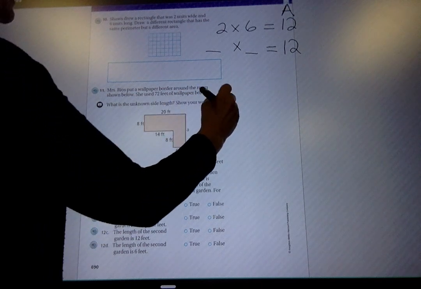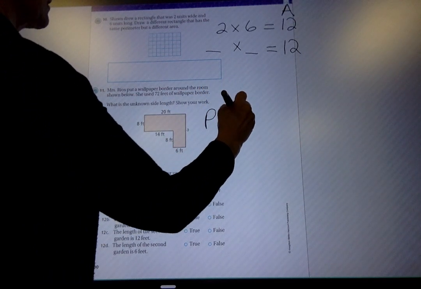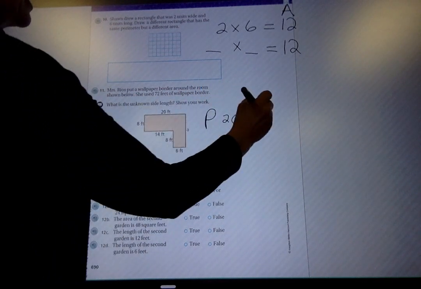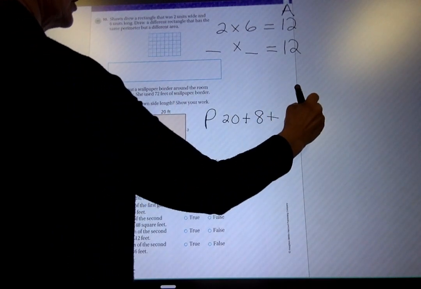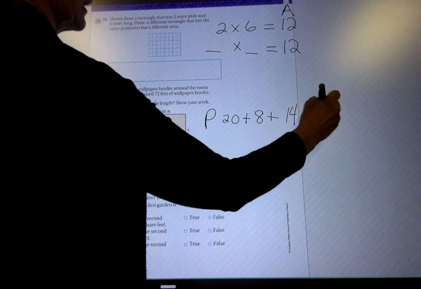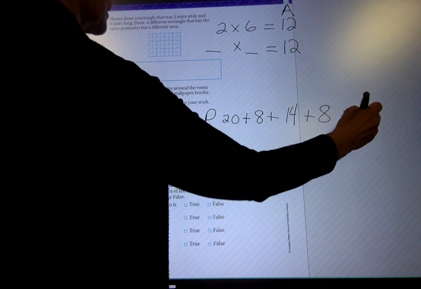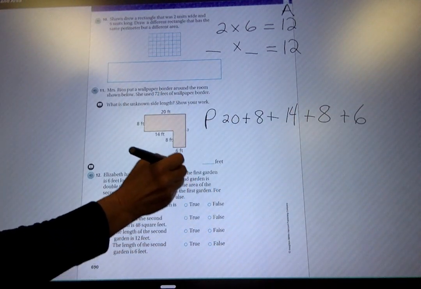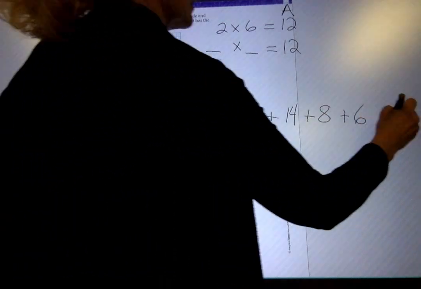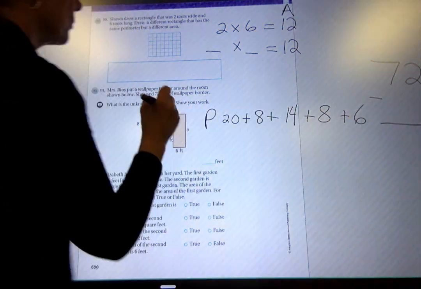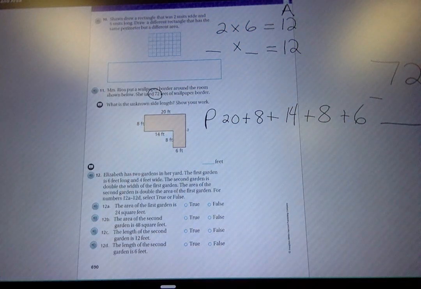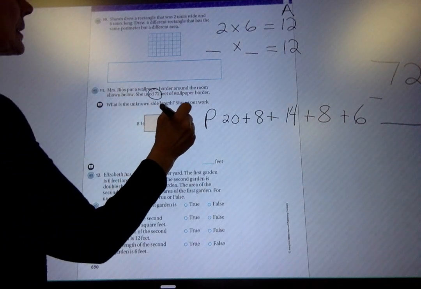So we have to add 20 plus 8 plus 14 plus 8 again plus 6. And whatever we get here, we're going to have to subtract it from 72 because we know 72 is the total. And we can find out what this missing side is.